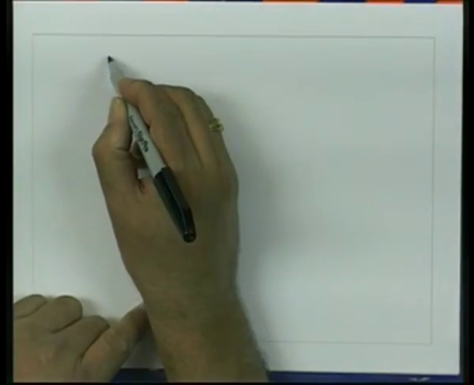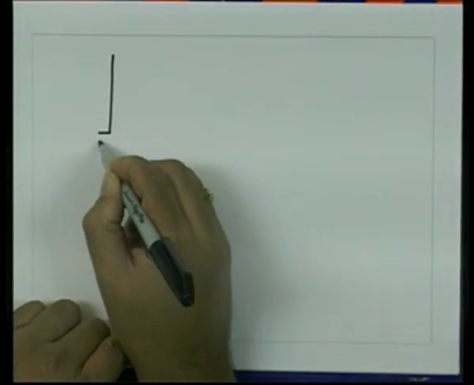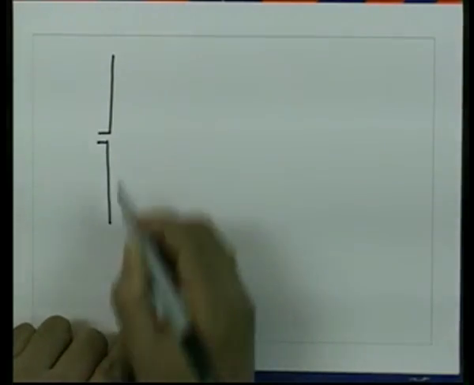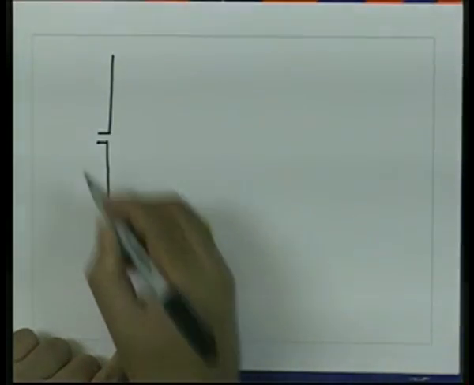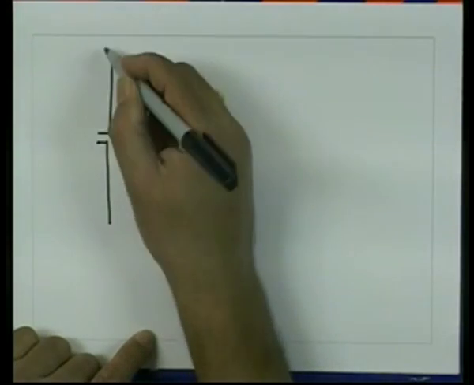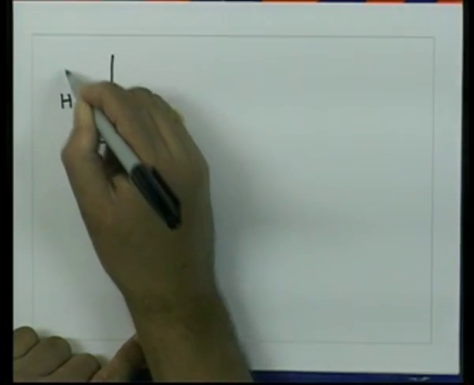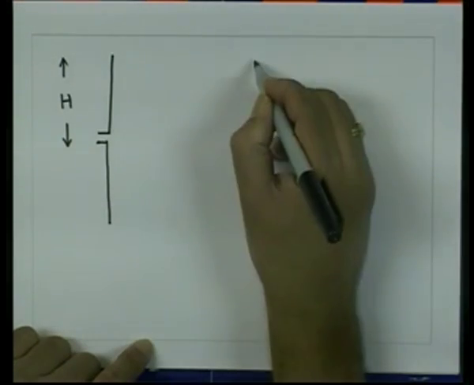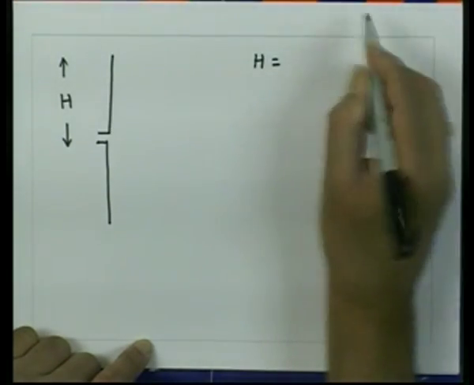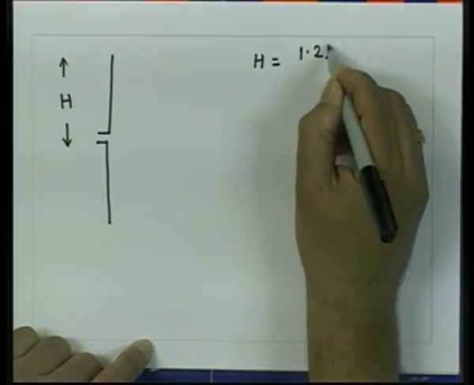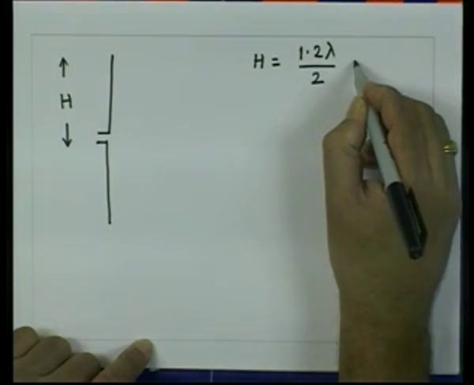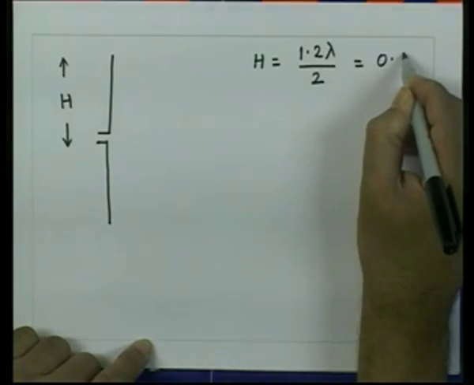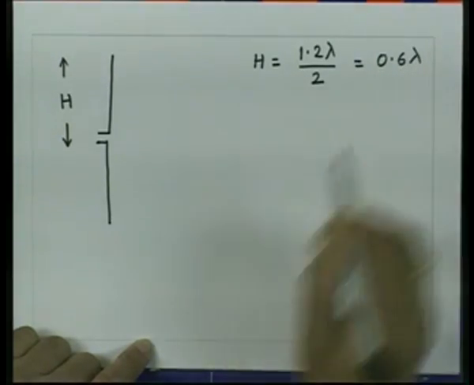Now, as we know, the dipole has a length of 1.2 lambda. So h, which is half the length of the dipole, is equal to the total length, 1.2 lambda, divided by 2. That is equal to 0.6 lambda.